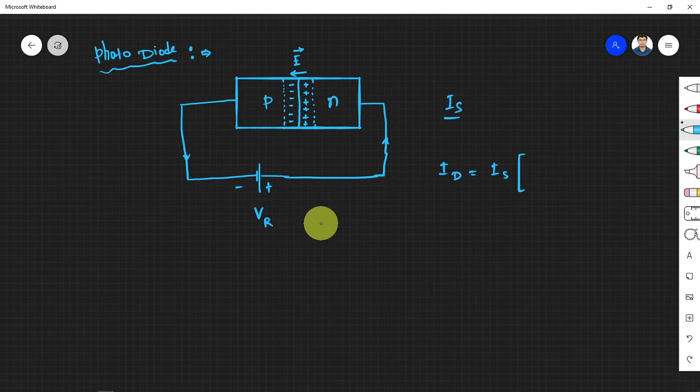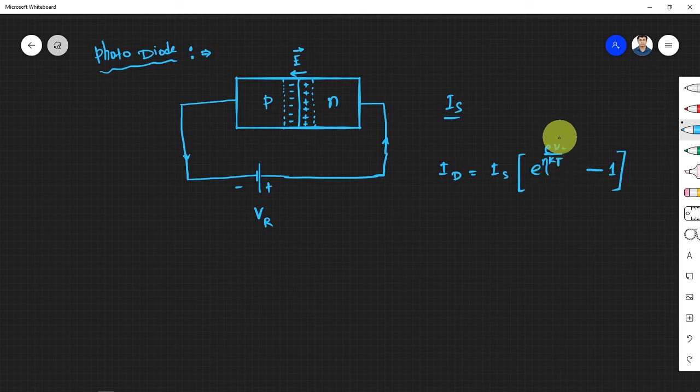I'm writing about the total diode current. So I_D is I_S times (e to the power eV by kT, just to remind you, minus 1). And if the diode is not an ideal diode, we'll have a non-ideality factor eta here, right? So this is our regular diode equation, and in the dark the V is negative here. So in the dark situation, in reverse bias condition, we are not talking about photons yet, we are just discussing the basics of the diode first.